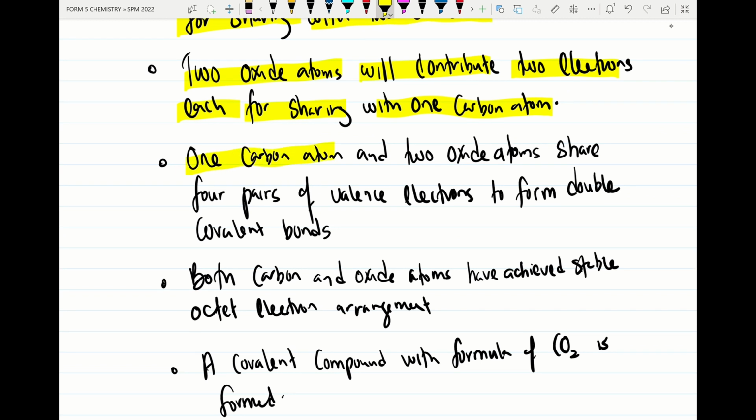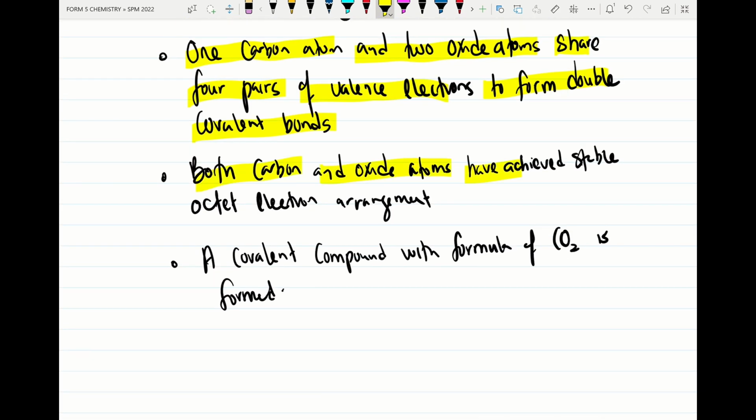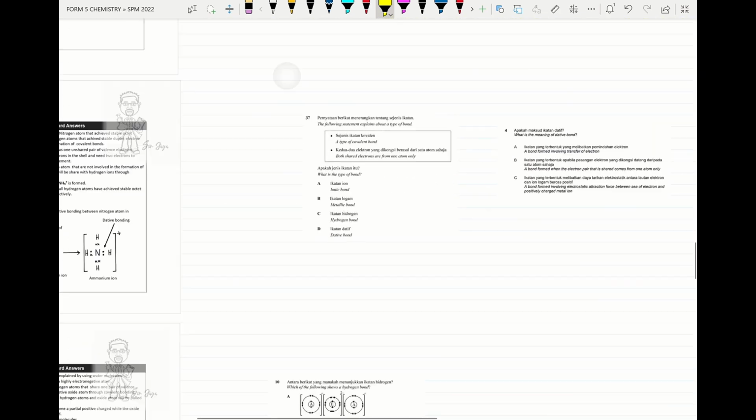One carbon atom and two oxide atoms share 4 pairs of valence electrons, forming double covalent bonds. Both carbon and oxide atoms have achieved stable octet electron arrangement. Therefore, a covalent compound with the formula of CO2 is formed. All right, so we move on to the next question.